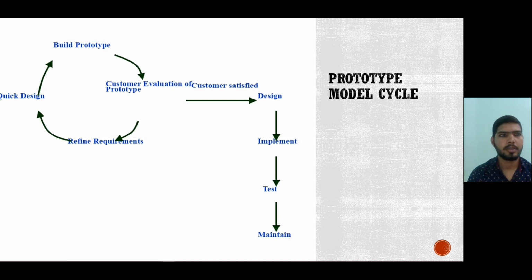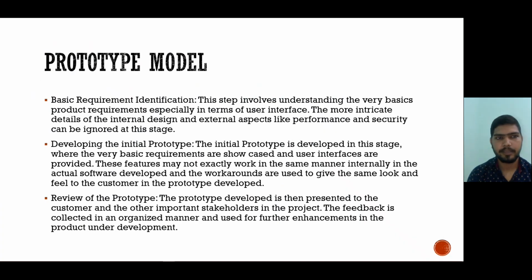Next is basic requirement identification. This step involves understanding the very basic product requirements, especially in terms of user interface. The more intricate details of the internal design and external aspects like performance and security can be ignored at this stage.